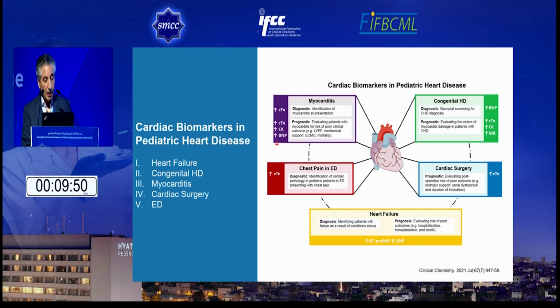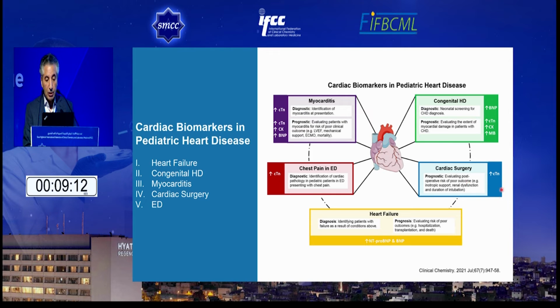So in the area of myocarditis, in the area of chest pain, actually there are some children with chest pain, although it's much less common, of course, than adults. Congenital heart disease is actually relatively common in a children's hospital, especially a tertiary care hospital like ours. And after cardiac surgery, monitoring children, and there's a lot of cardiac surgery in children to correct heart defects and other congenital abnormalities.